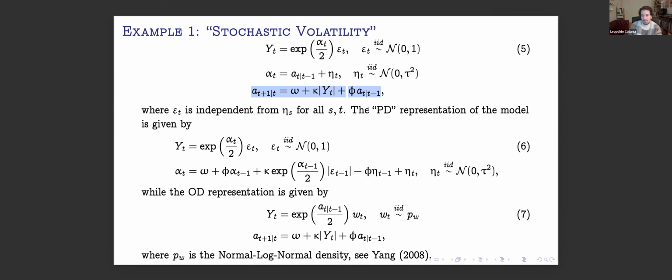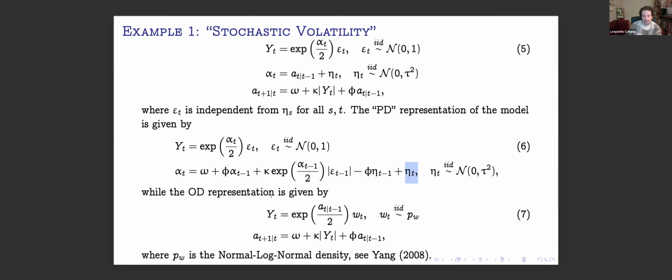Now, the "quote" parameter-driven representation of the model is given by this expression here. So you see that now the state variable is defined as a function of past and present shocks.